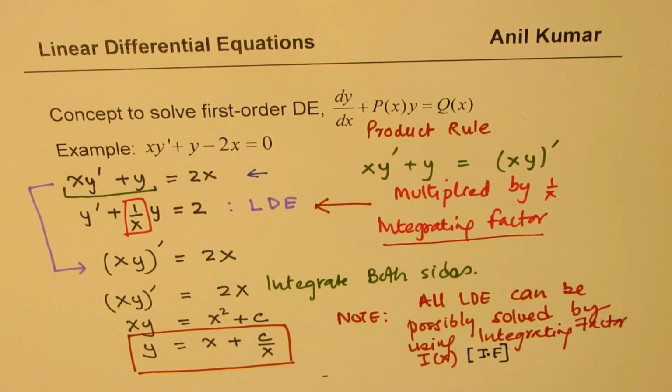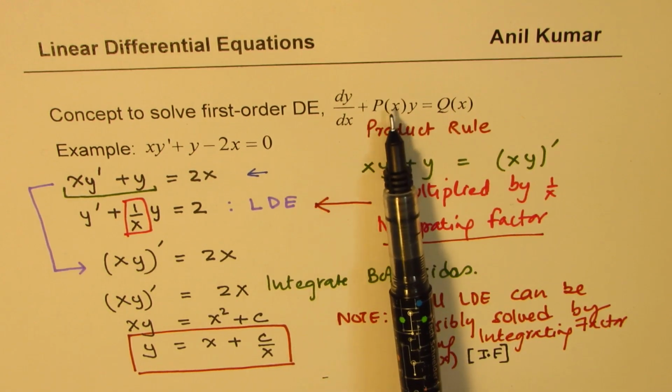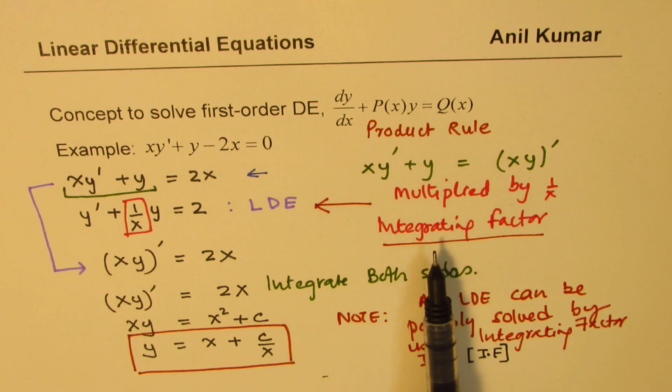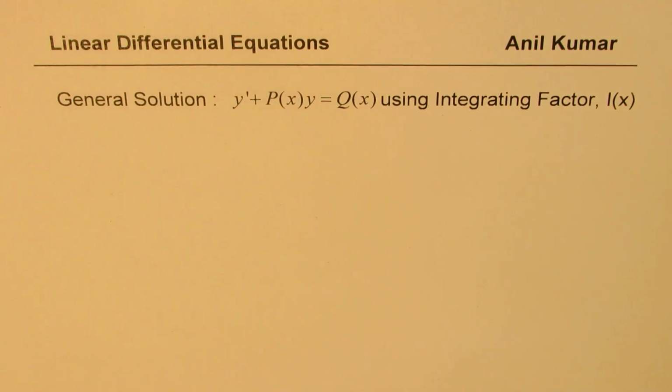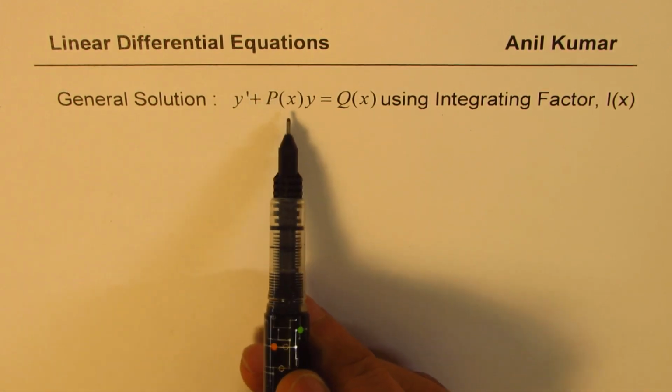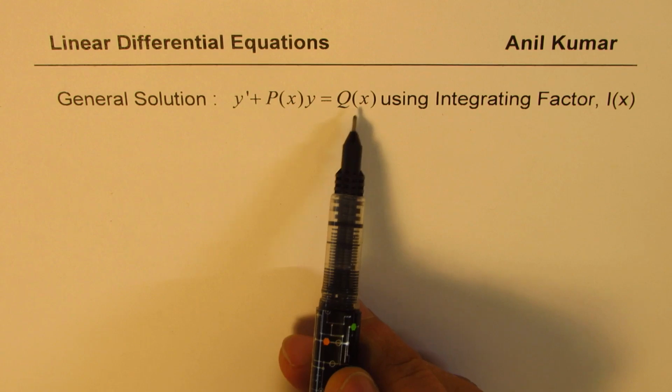Now the idea here is to take up a general example and see how we find an integrating factor to solve any linear differential equation. So let's get to a general solution. Now let us try to understand the general solution for our linear differential equation y dash plus p of x y equals q of x.